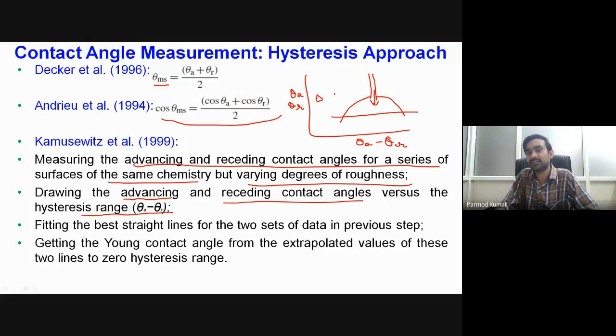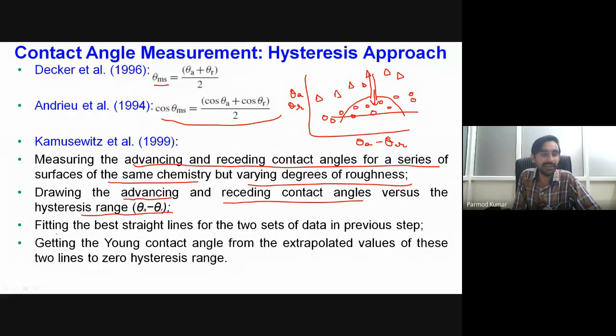For example, these triangles represent my advancing contact angles, and these circular points represent the receding contact angles. The values of receding contact angles will be less in comparison to the advancing contact angles.